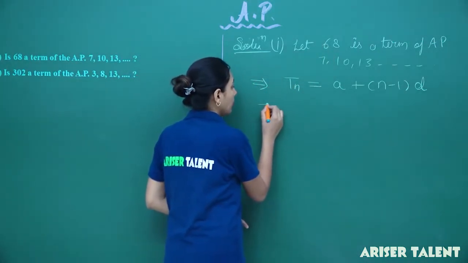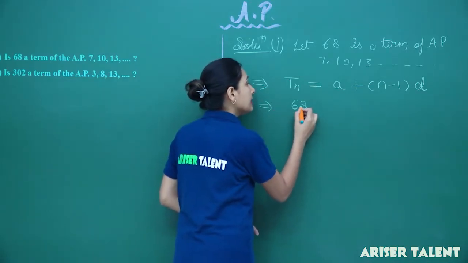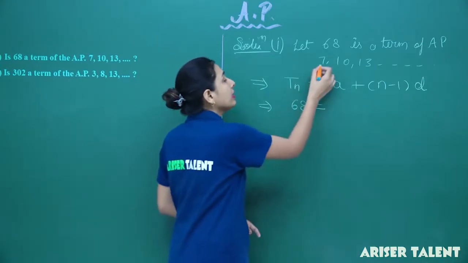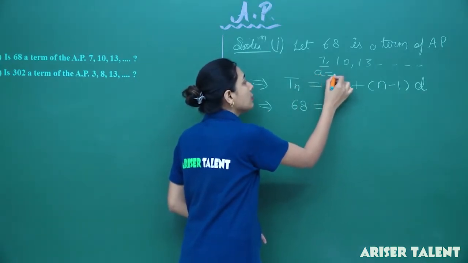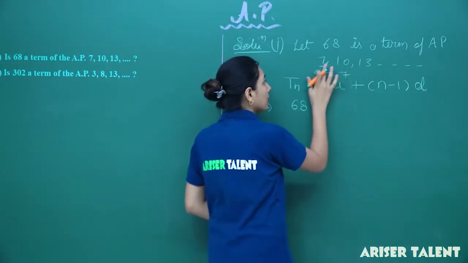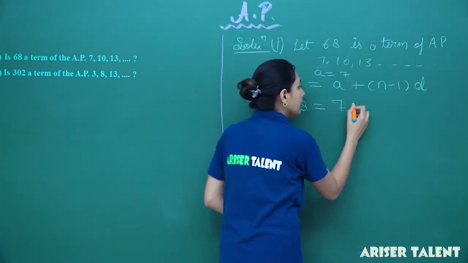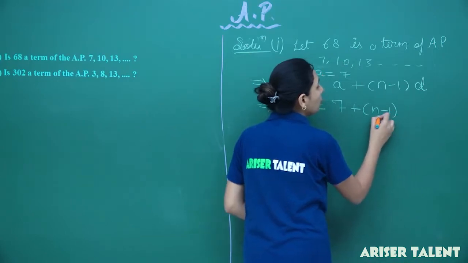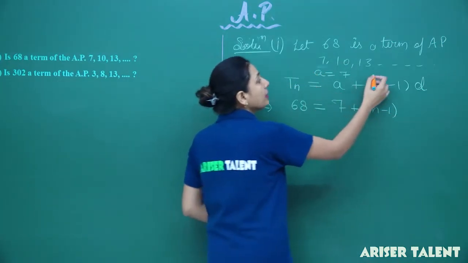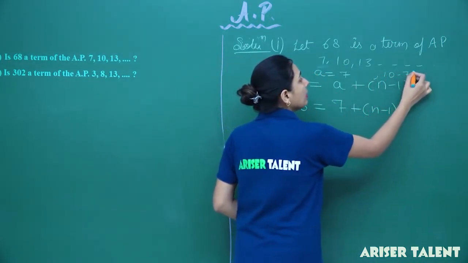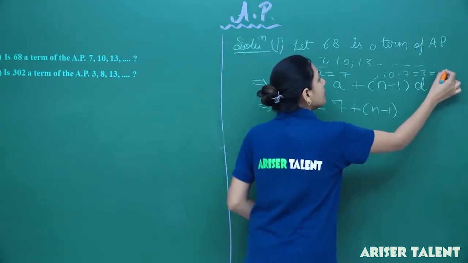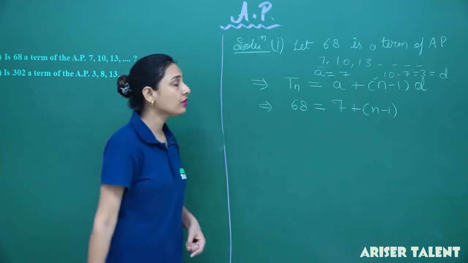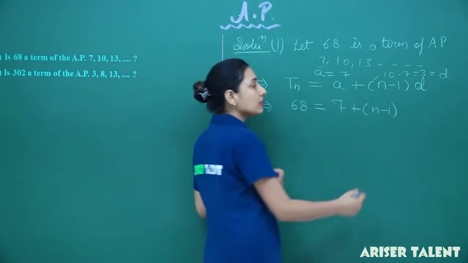So, putting values, we will get 68 equals a plus (n minus 1) d. A is the first term, so here the first term is 7. So, put 7 here, plus n minus 1. You don't know the value of n. Now, the difference: 10 minus 7 equals 3, and 13 minus 10 is again 3, so 3 is the common difference.